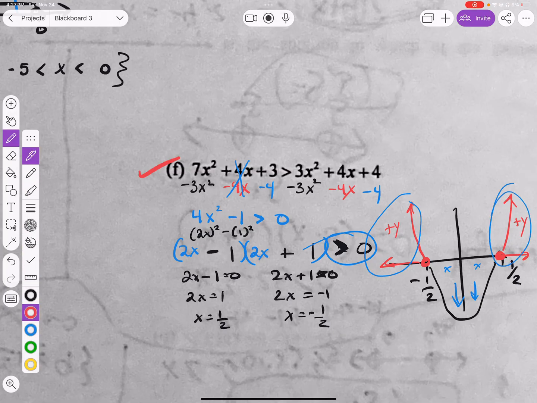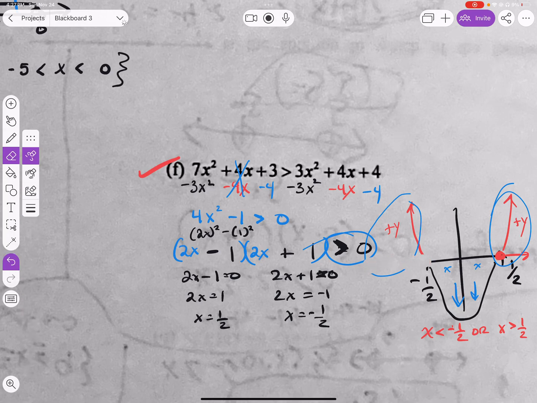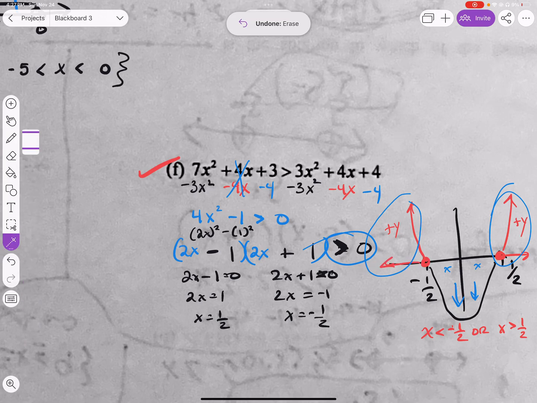So let's see, where's that positive at? When x's are less than the negative 1/2, or when x's are greater than the 1/2. That's when I'm greater than 0. X is over here, and x is over there, causing positives.